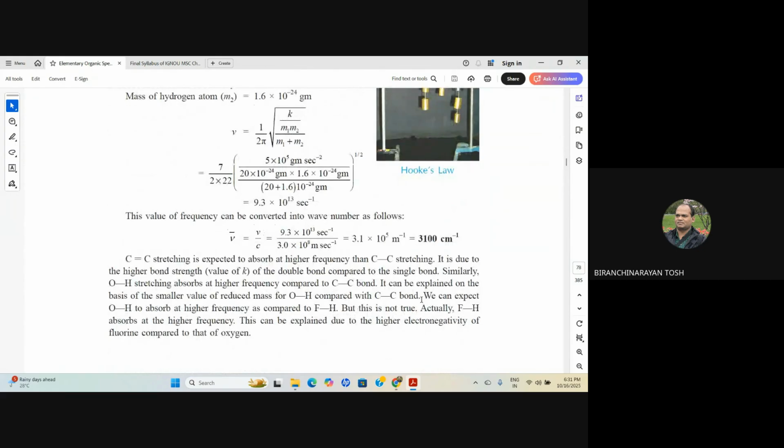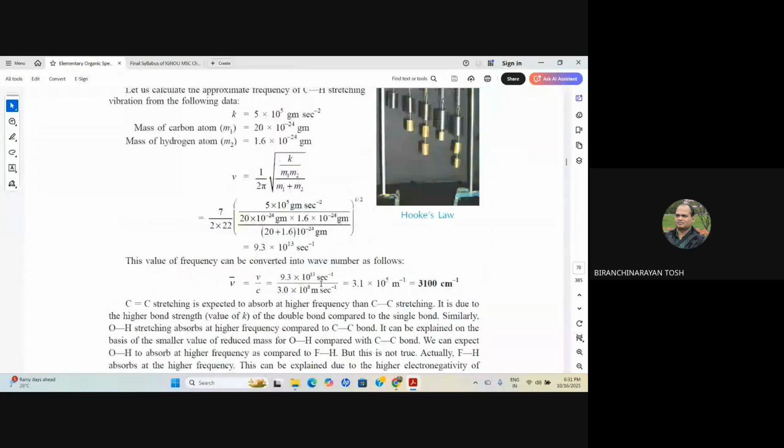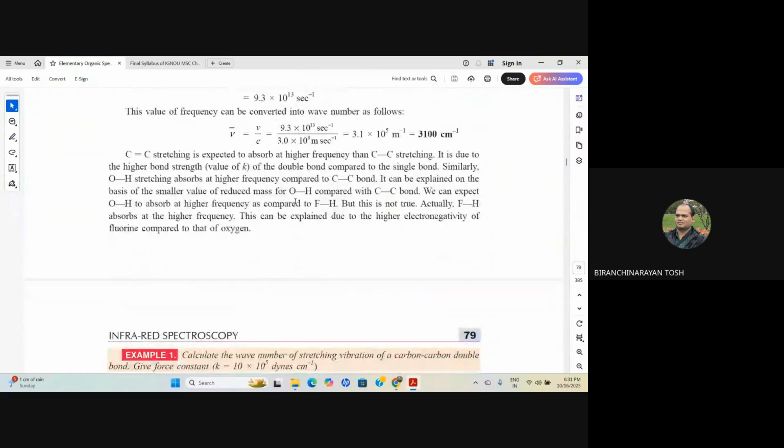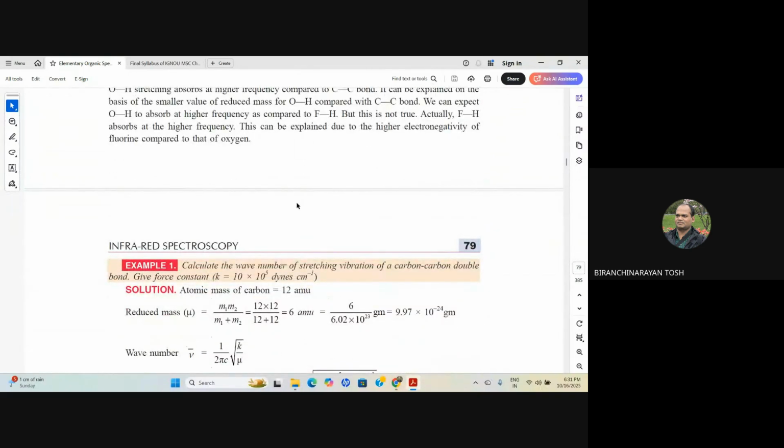Similarly, for C double bond C, we have given the force constant, value of force constant is 5 into 10 to the 5 for a single bond. But when there will be a double bond, carbon-carbon double bond, obviously the force constant will be nearly 2 times.